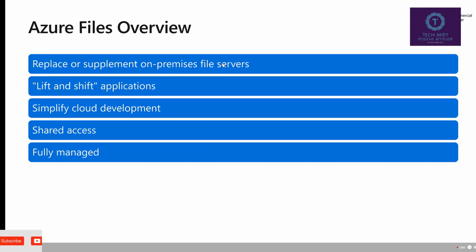And I have already used this several times when I'm migrating legacy workloads to the cloud. And then later on, we can modernize those workloads and switch from Azure Files to blob storage, for example. Also, there is the simplification that you can do with cloud development. Like I was telling, imagine that there is a shared application setting, and a common pattern for distributed applications is to have configuration files in a centralized location.